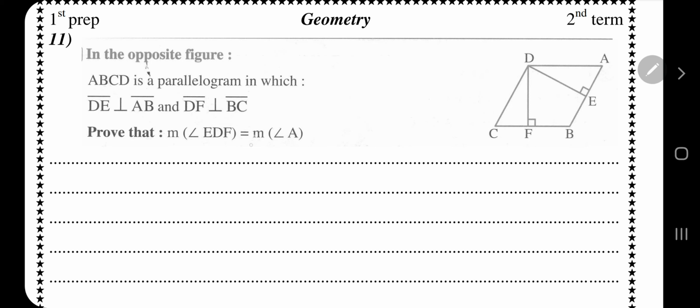Another example, he asked me to prove that measure angle A equals measure angle EDF here. How can I prove that? At first I will start to get the value of each one of them.